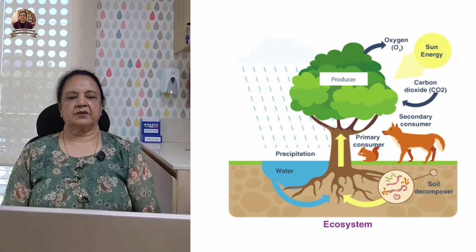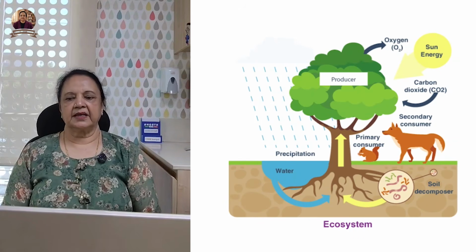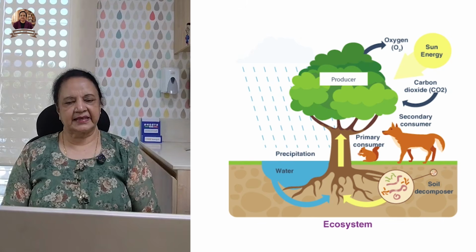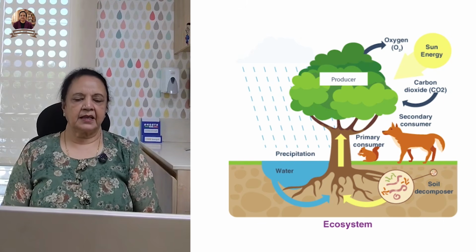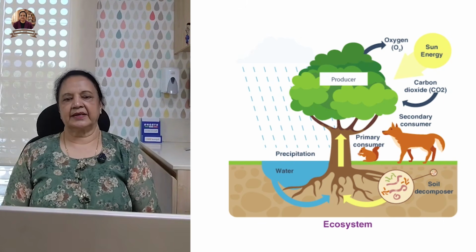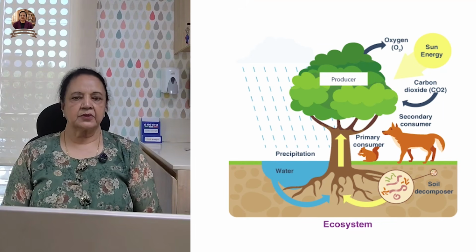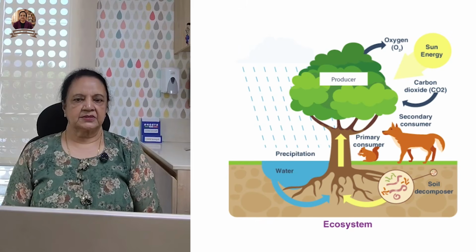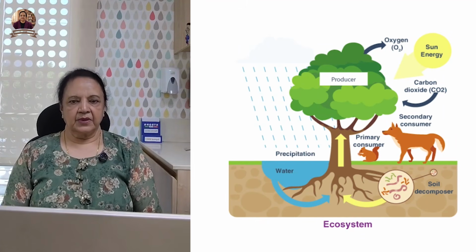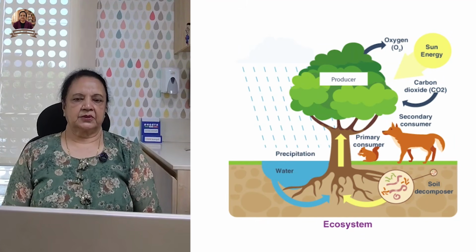Organisms like bacteria and fungi, they break down dead organic matter, detritus, into simple inorganic substances, returning them to the soil to be reused by the producers. They play a very, very important role.